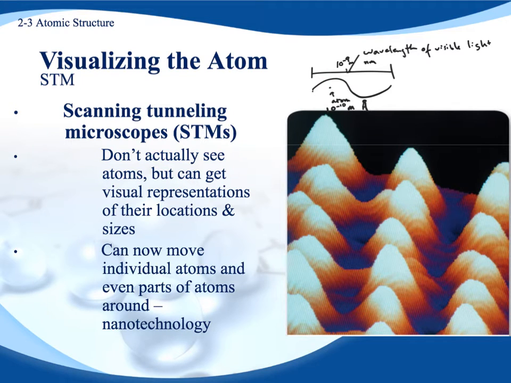So you can't see it. Your eyeball can only pick up visible light, and microscopes only work with visible light. So we have to come up with some other type of technology to help us visualize it, and that's why we can't physically see an atom.